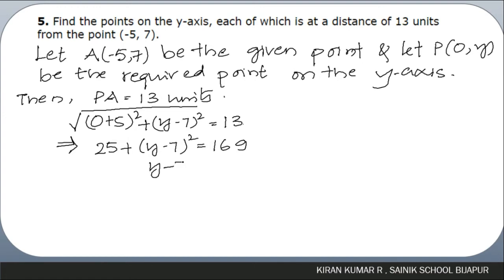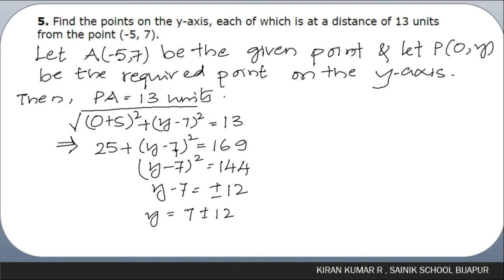So (y minus 7) whole square will be 169 minus 25, which will be 144. So y minus 7 we get as plus or minus 12. The value of y will be 7 plus or minus 12.